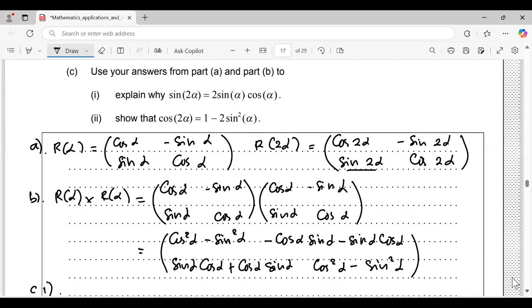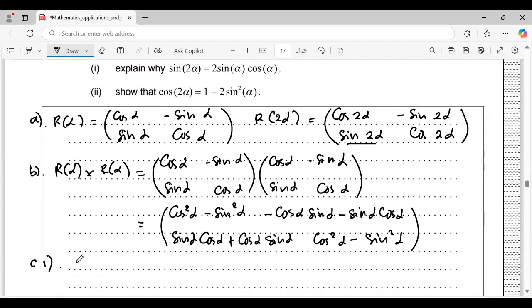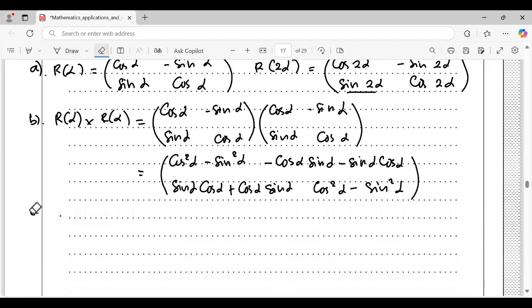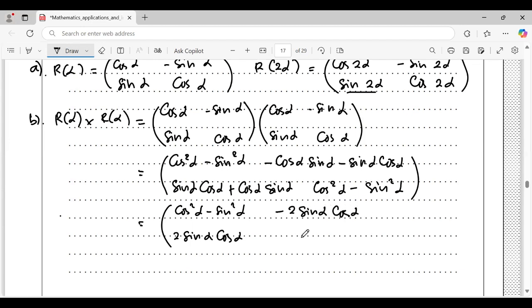Okay, I have to continue. The top left entry is cosine squared alpha minus sine squared alpha. This entry is 2 sine alpha cosine alpha. This one is minus 2 sine alpha cosine alpha. And this one is cosine squared alpha minus sine squared alpha.